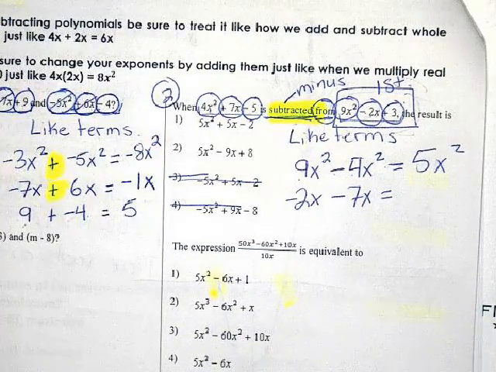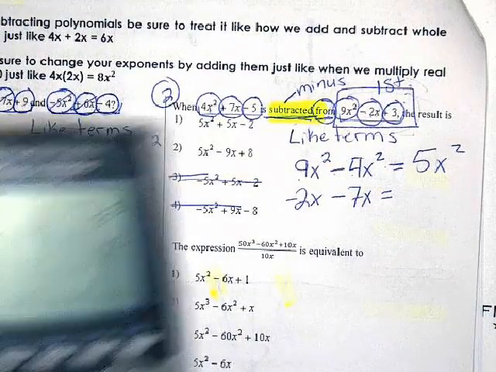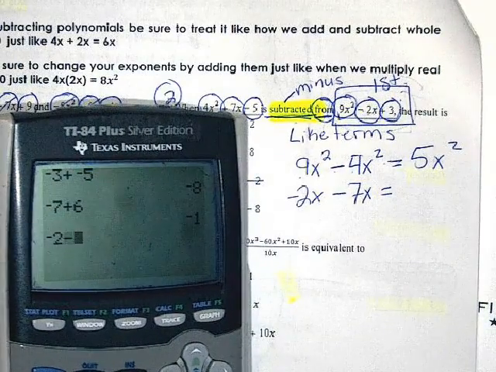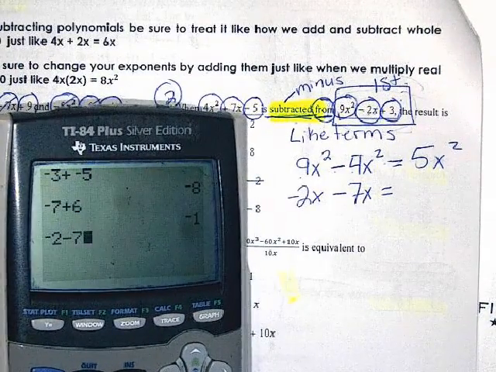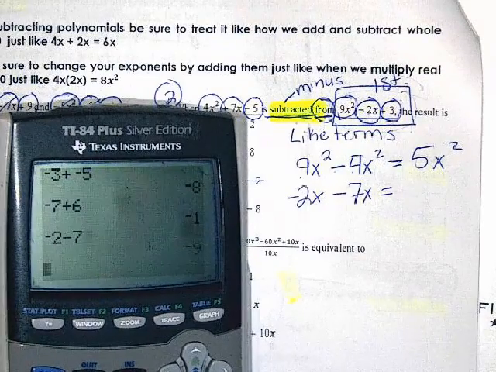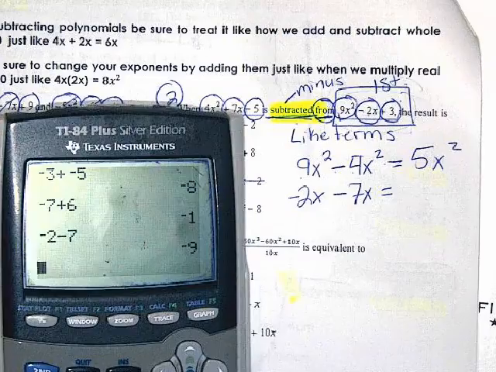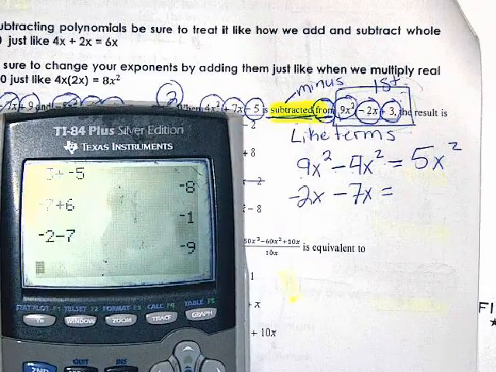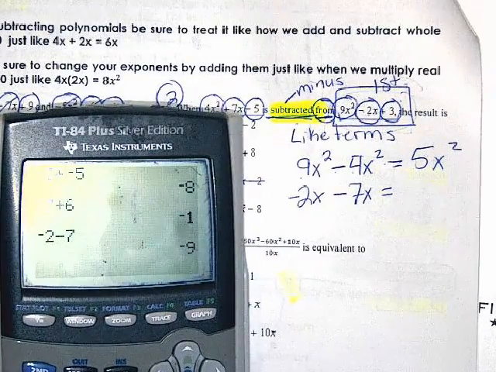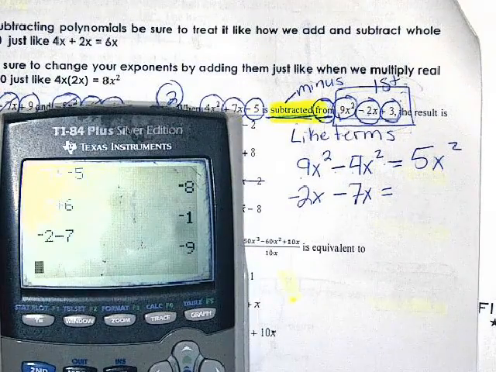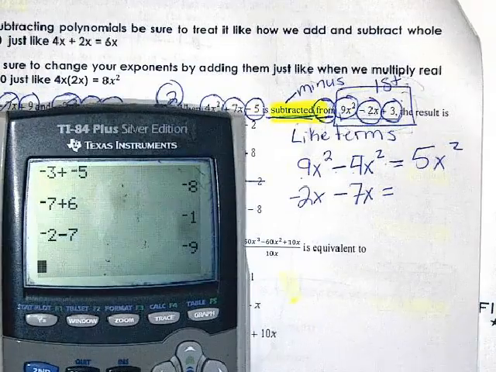Okay, and again, use your calculators to help you. Negative 2 minus 7. Okay, so that would come out a positive, right? It actually is going to come out to be a negative. A negative times a negative is a positive, but here we're not multiplying them, we're subtracting them.